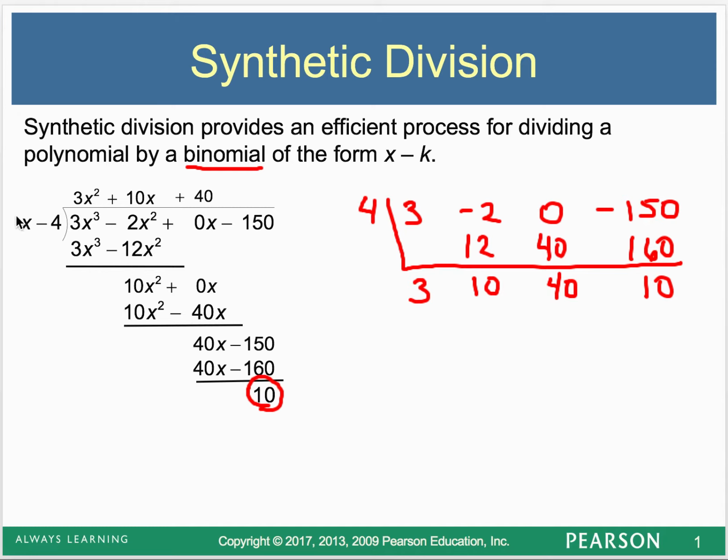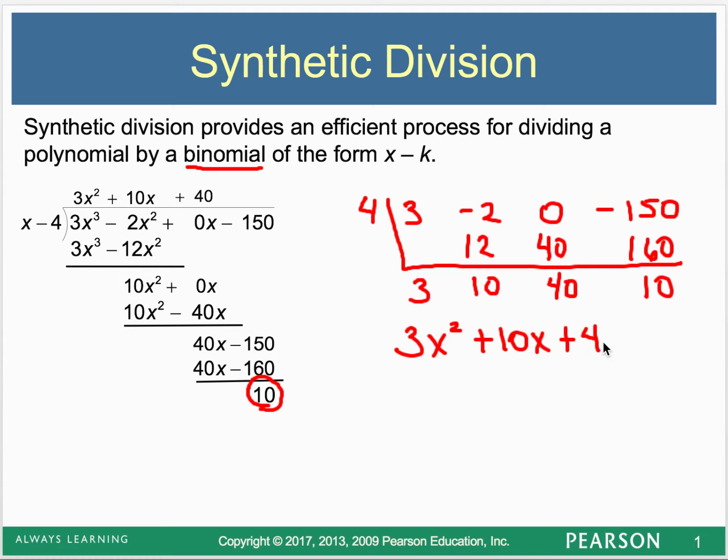Since I'm always dividing by just one x, because that's the only time synthetic division works, it's always going to knock these exponents down by 1, as if I divided this term by an x and this one by an x. So instead of starting with a cube, my variable part will be x squared, and then it goes down in descending order.